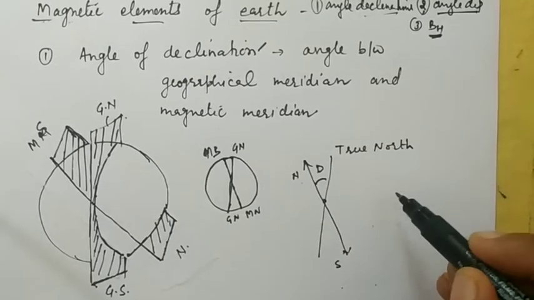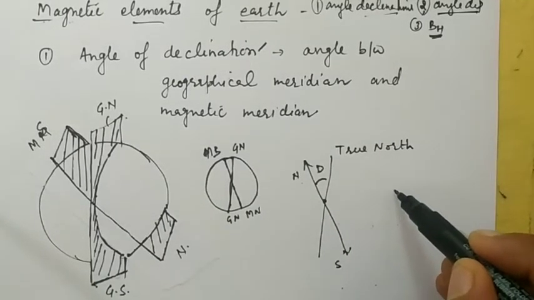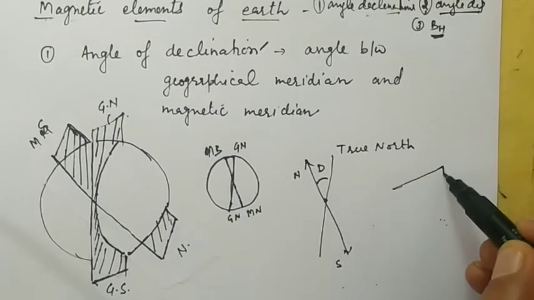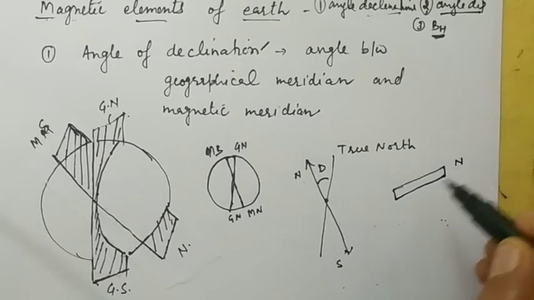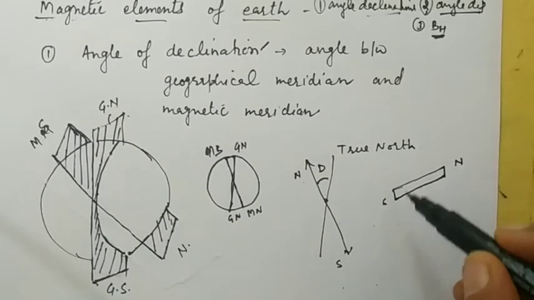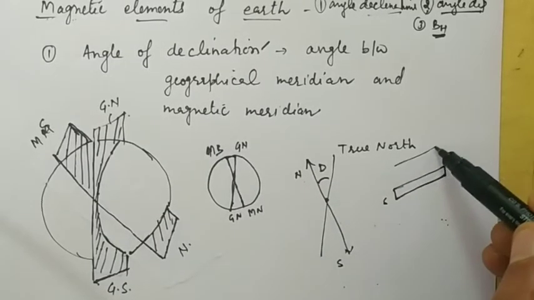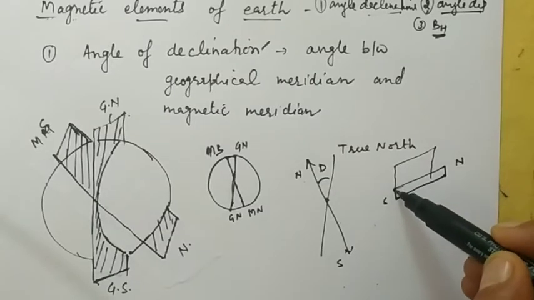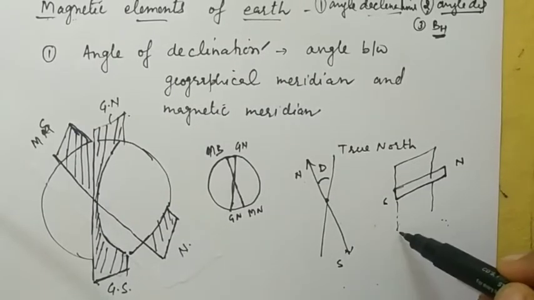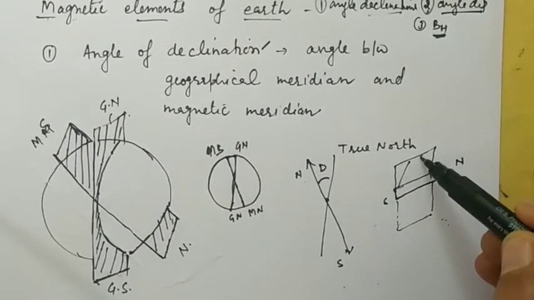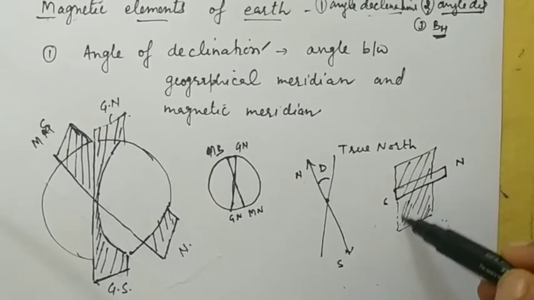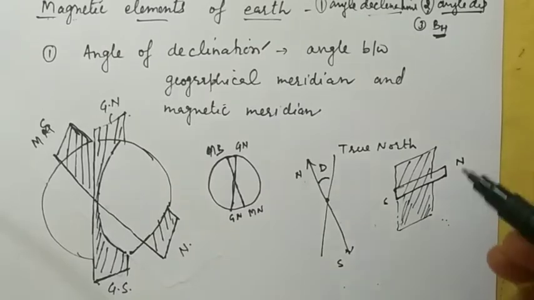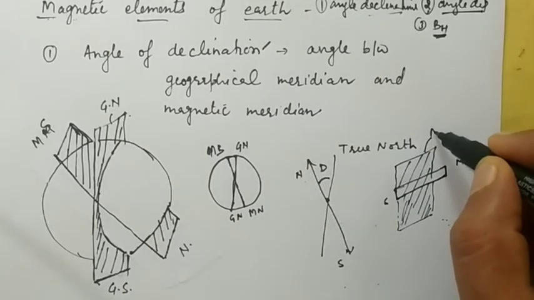Further, suppose this is my bar magnet. If I hang a bar magnet, it always points in the north-south direction. If I make a plane which cuts this magnet perpendicularly along this direction, then it is known as a magnetic meridian.